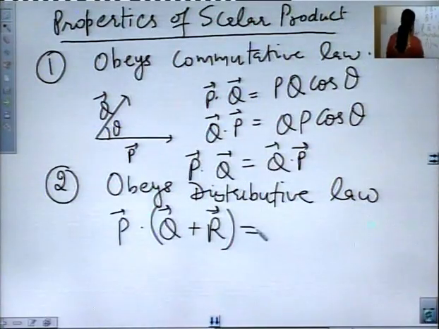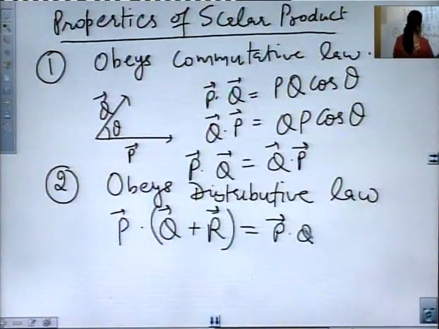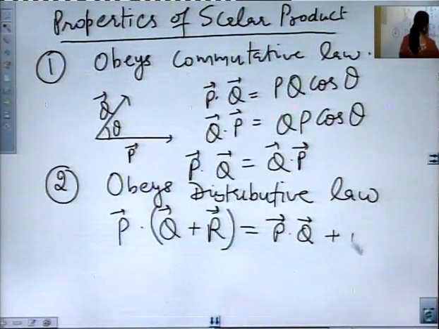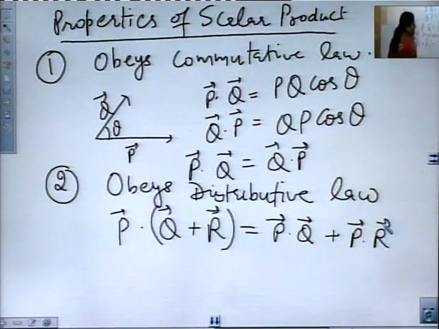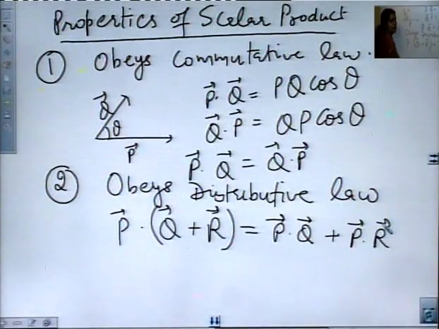This is equal to P vector dot Q vector plus P vector dot R vector. So, the dot product obeys the distributive law.